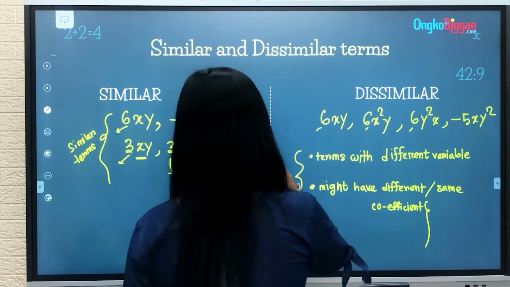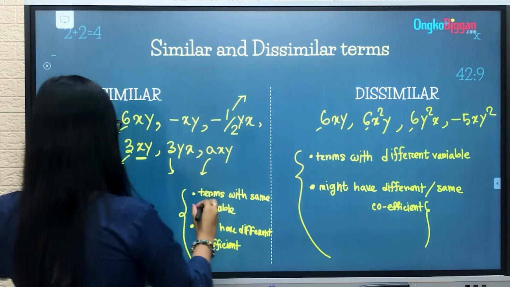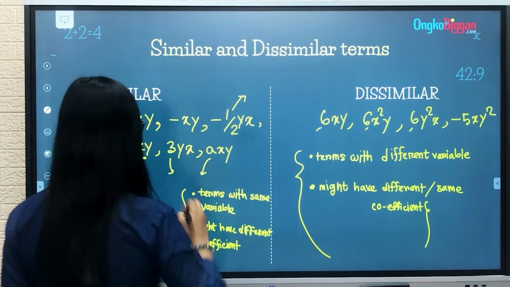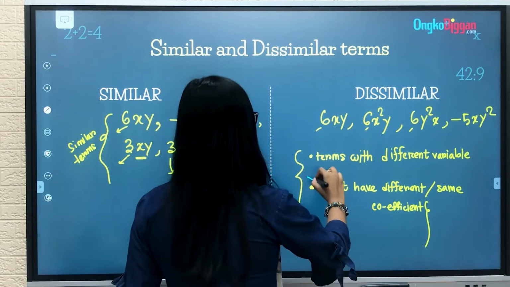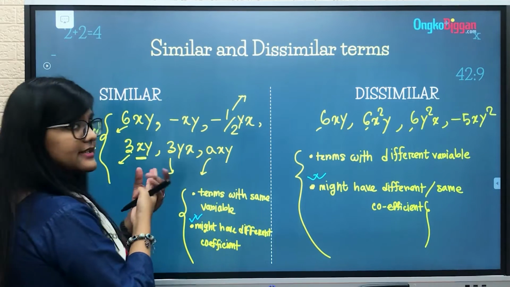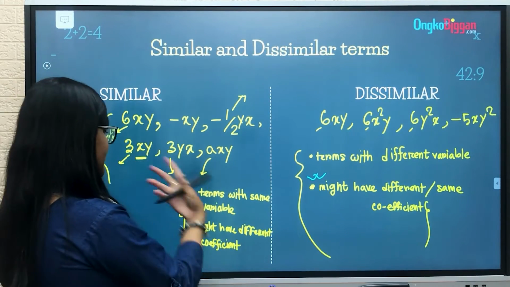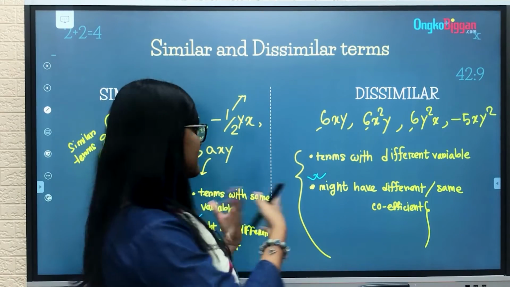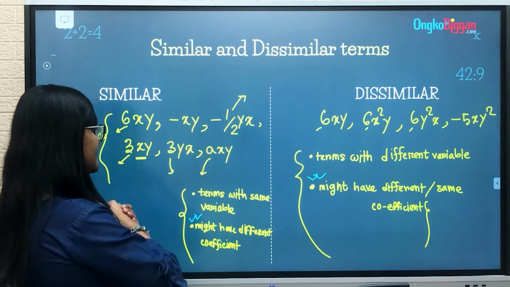So basically there is no dealing with the coefficient in judging whether the terms are similar or dissimilar. We have to just deal with the variable. If the variables are the same, then we will consider it a similar term. Whatever the coefficient is, it will fall in the same category of similar terms.